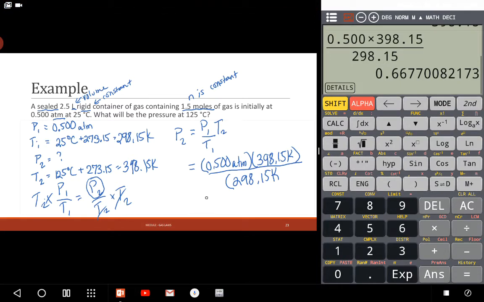And so that is equal to 0.6677. I'm going to need just two significant figures. Nope. Yep. Nope. Three significant figures. This was not involved in the calculation, and neither was this. And then temperatures were both significant to the ones place, which is 3 sig figs by the time they were used in math.